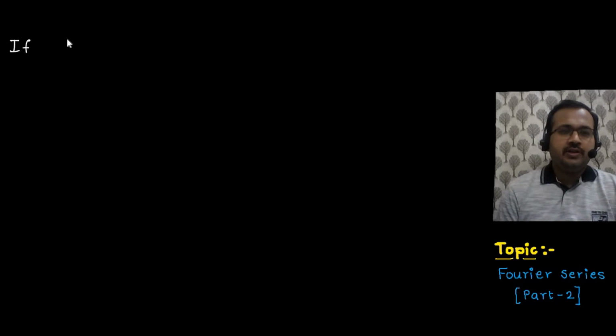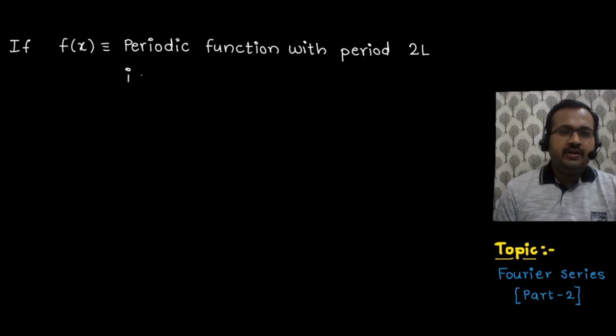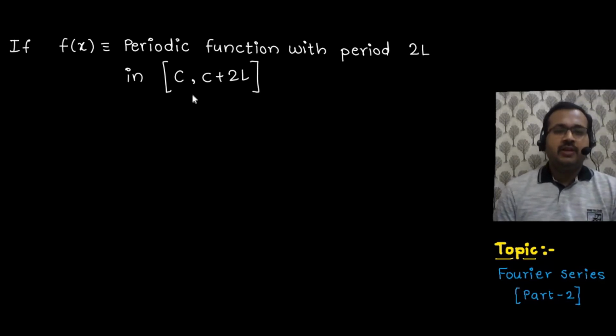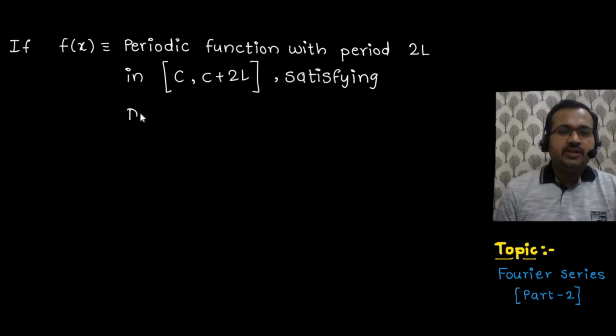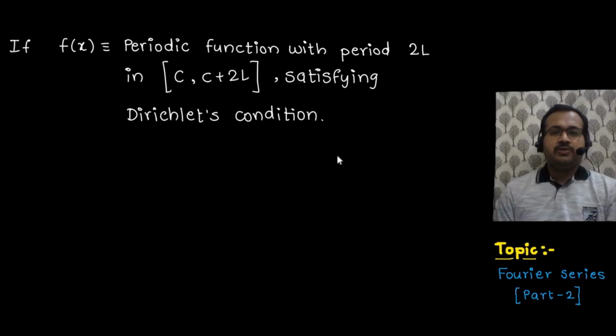We consider f of x is a periodic function with period 2l defined in the bounded interval, say c to c plus 2l, where the length of the interval is twice l, where c is any finite number. And this periodic function f of x also satisfies Dirichlet's conditions in the given interval c to c plus 2l.